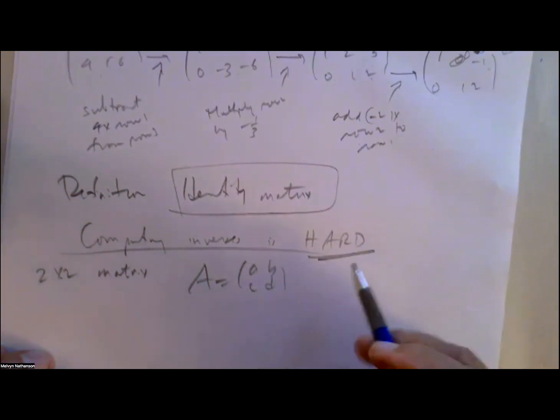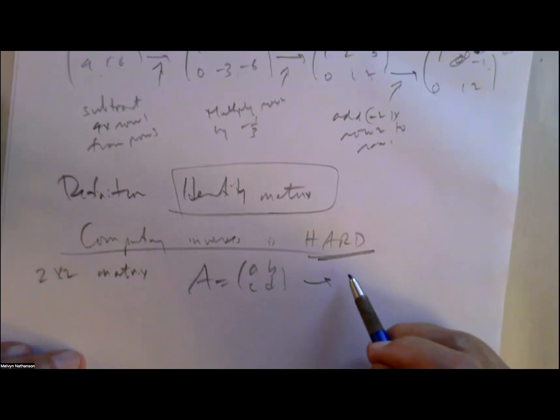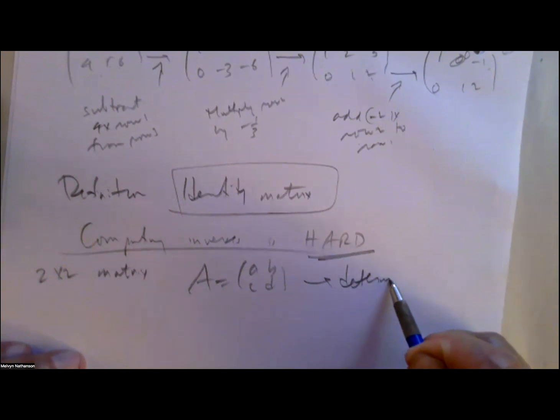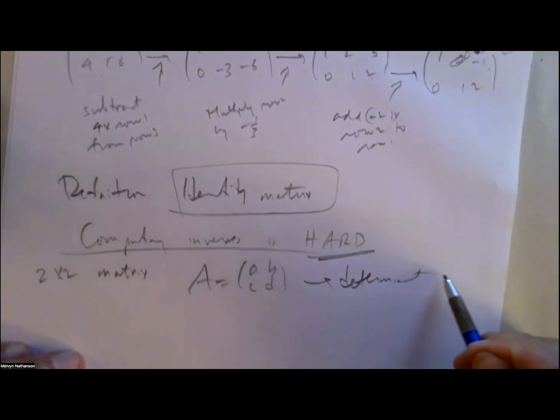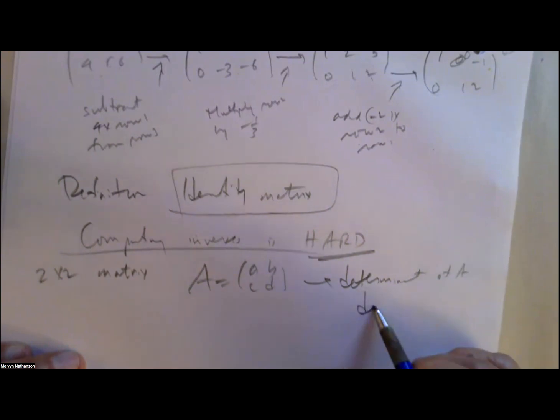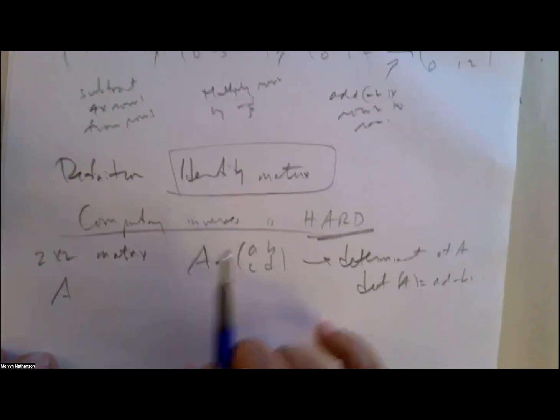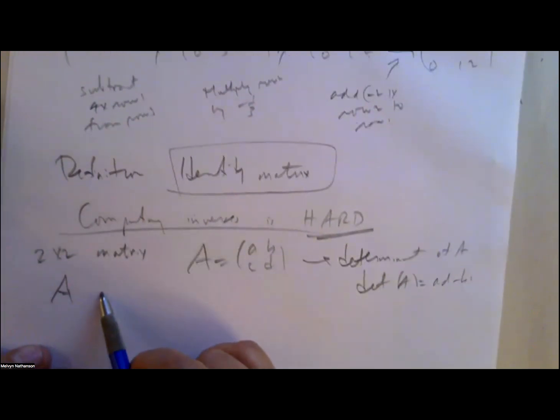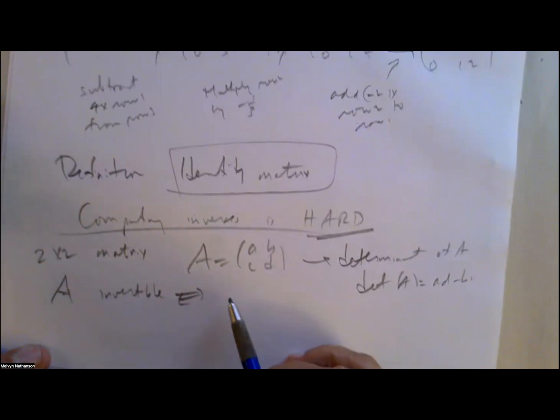So if A is the matrix A, B, C, D, there's associated to it a certain number called the determinant of A, which is AD minus BC. These are all theorems that I'll prove later, but A is invertible if and only if the determinant of A is non-zero.